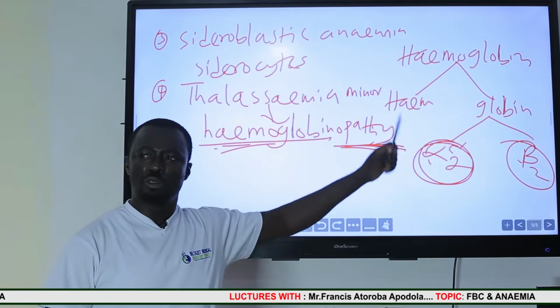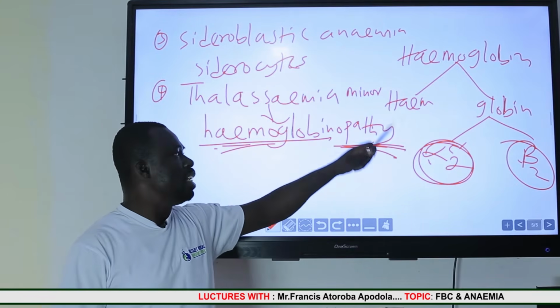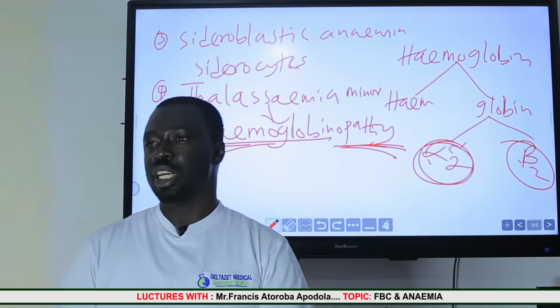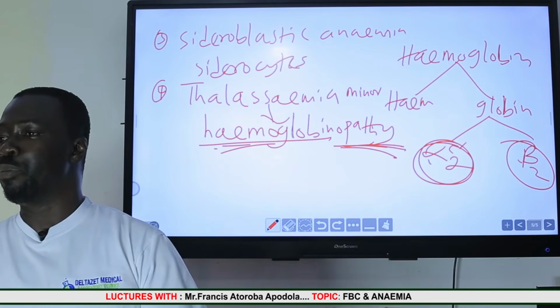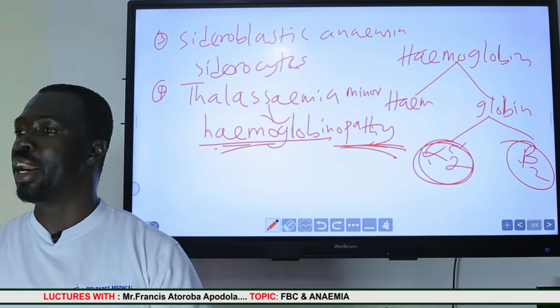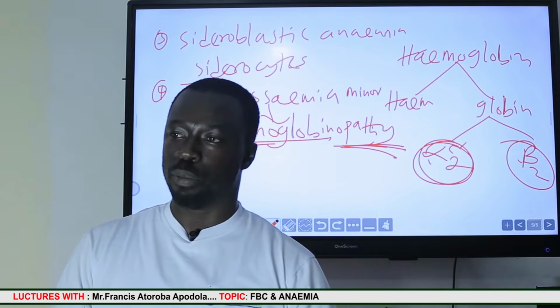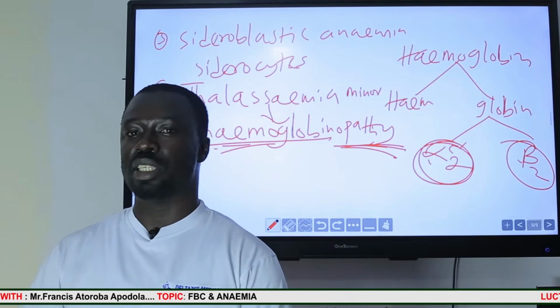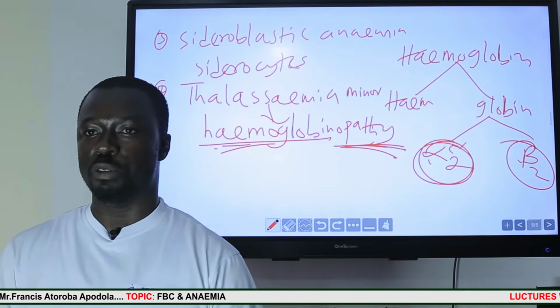Then we said that apart from iron deficiency being the common cause of microcytic anemia, we could have lead poisoning, and the occupation of the patient will help us to know whether it is a case of lead poisoning. Lead test is not common in our district facilities, so you cannot easily perform it.